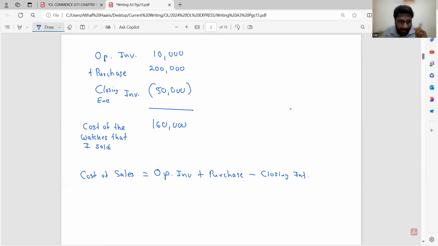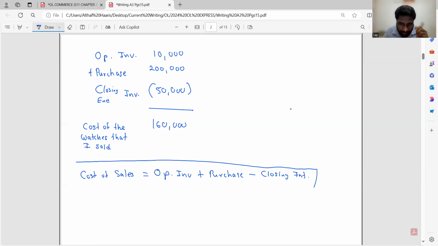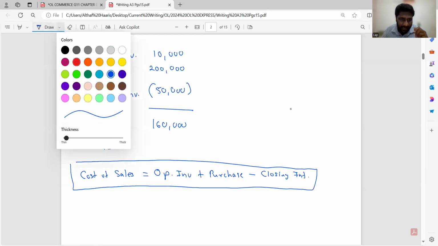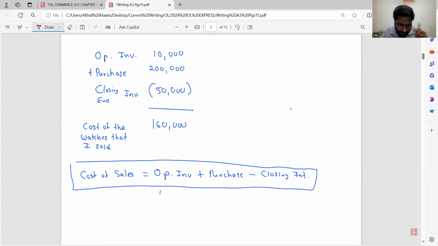Opening inventory plus purchase minus closing inventory. We'll apply the numbers again. Opening inventory 10,000. Purchase 200,000.